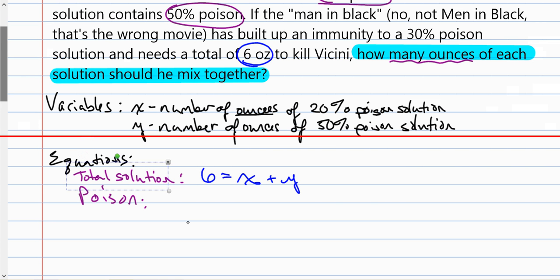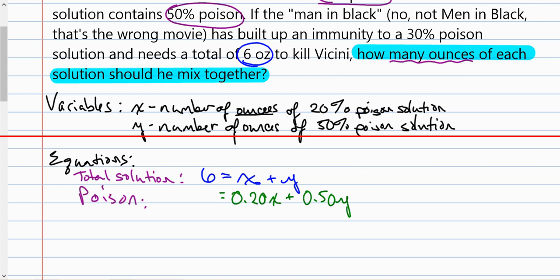So then what about the poison? With the poison, I'm actually going to start using my percents. First of all, I can't use percents as percents. I have to turn them into decimals. But my poison solution is going to talk about how many ounces of poison are in each solution that I have. So the number of ounces of poison in my X solution is 20% of it. And 50% of my Y solution is poison.